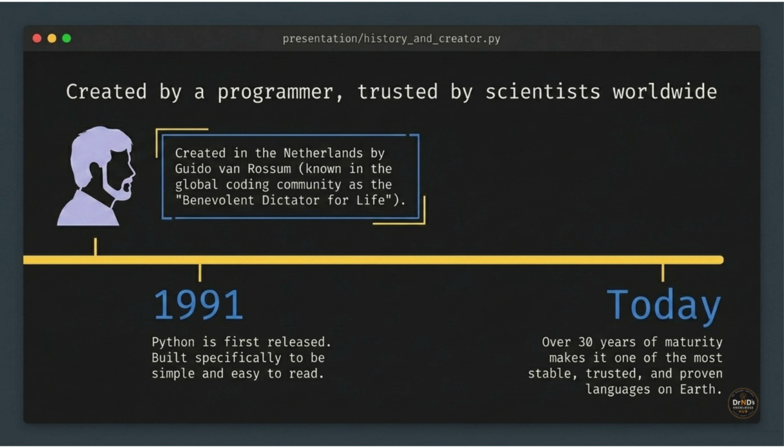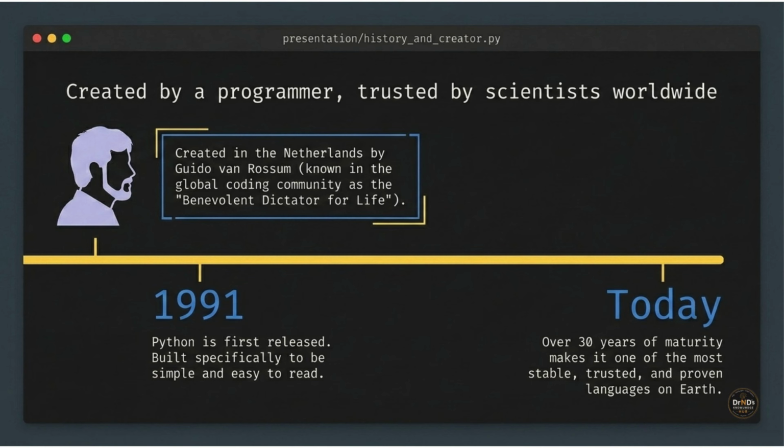Every great technology has a story, and Python is no exception here. Python was created in the Netherlands by a programmer named Guido van Rossum. He released the first version of Python in 1991 with a simple vision: to create a programming language that is easy to read, easy to learn, and enjoyable to use.